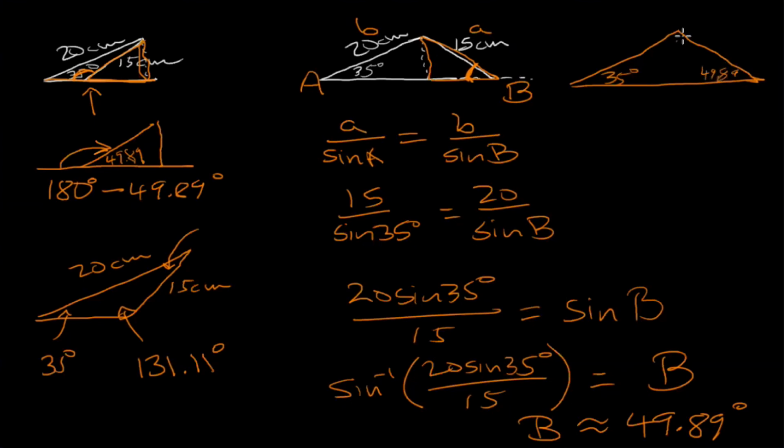I can find this by adding these together and subtracting from 180. And I already know this side, and there's only one remaining side left, and I can use either the law of cosines or the law of sines to find that.